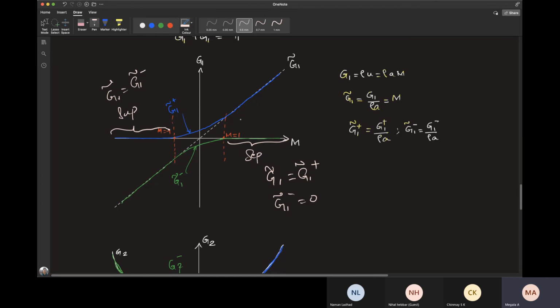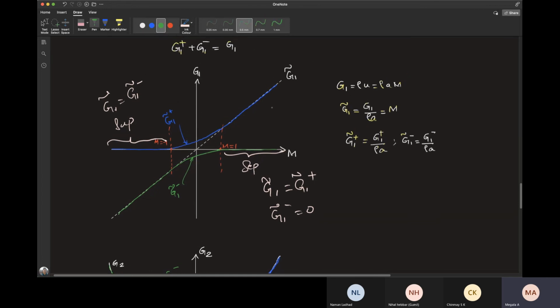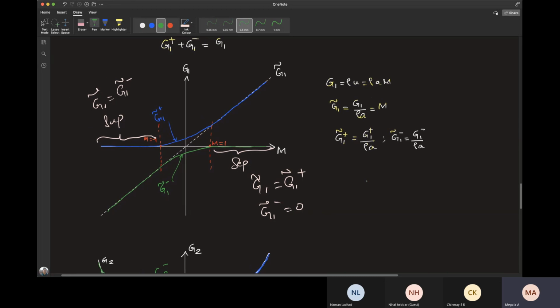What we would initially have in the Steger-Warming case is this. I'll draw this Steger-Warming case over here. So this was just a straight line for Steger-Warming.